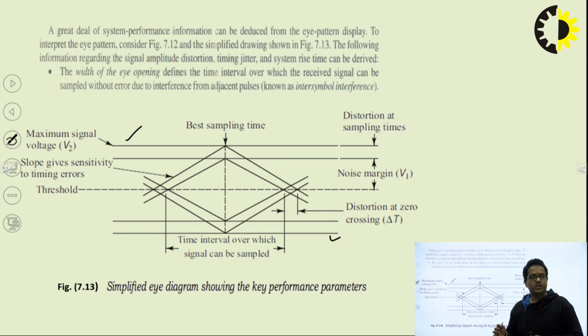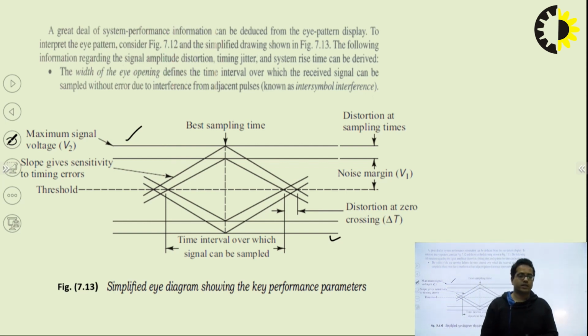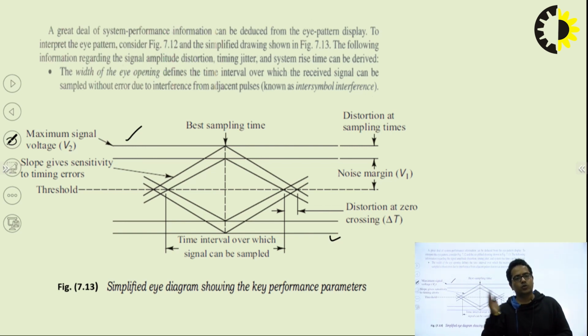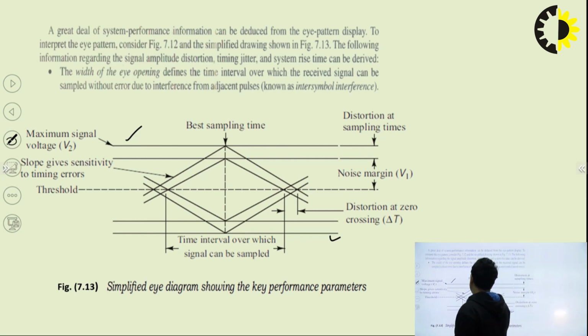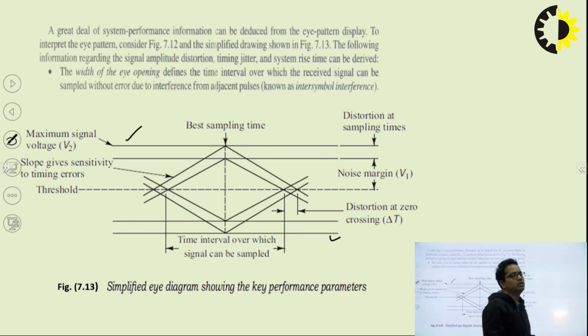So because of the jitter, the sensitivity starts decreasing, because the noise starts enhancing and interfering with the strength of the signal. As a result, the slope will decrease and the width or the spread of the eye will be very less.